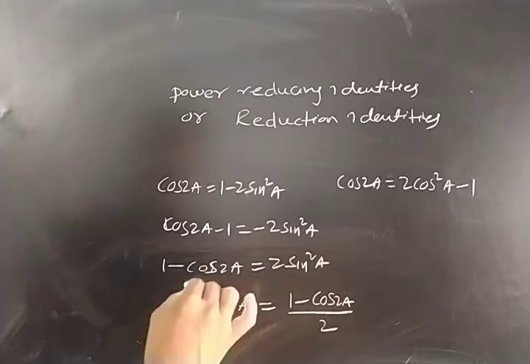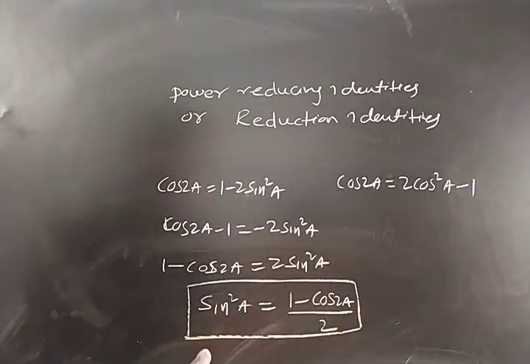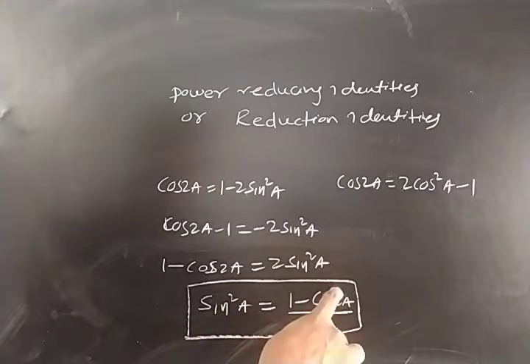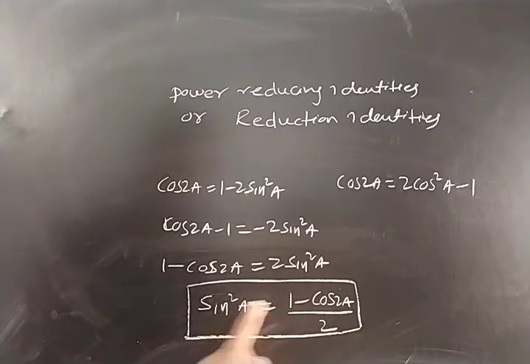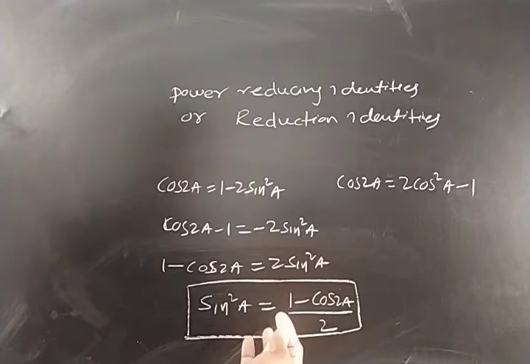See here, if you want to reduce the power of sine, power 2 is reduced to power 1. The angle is double angle, but the power is reduced, no? Sine square becomes cos.